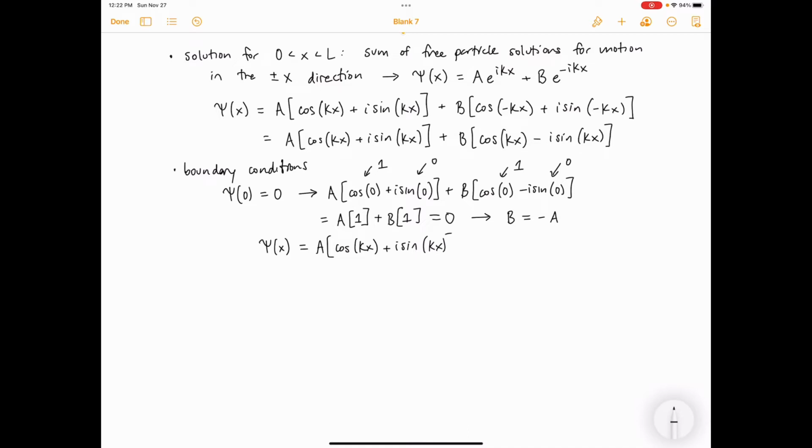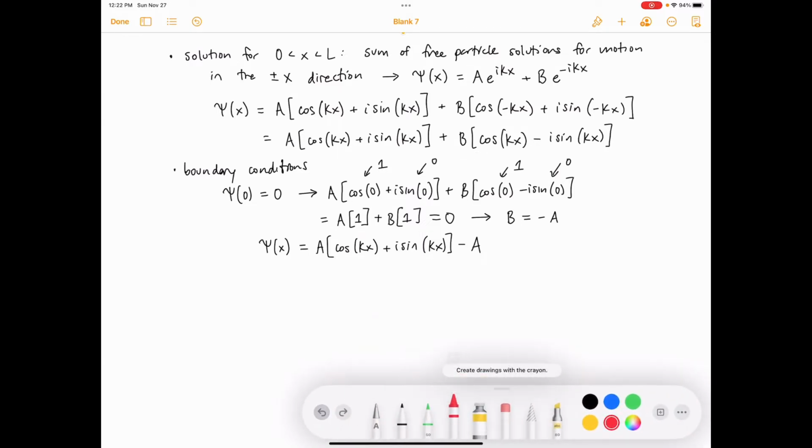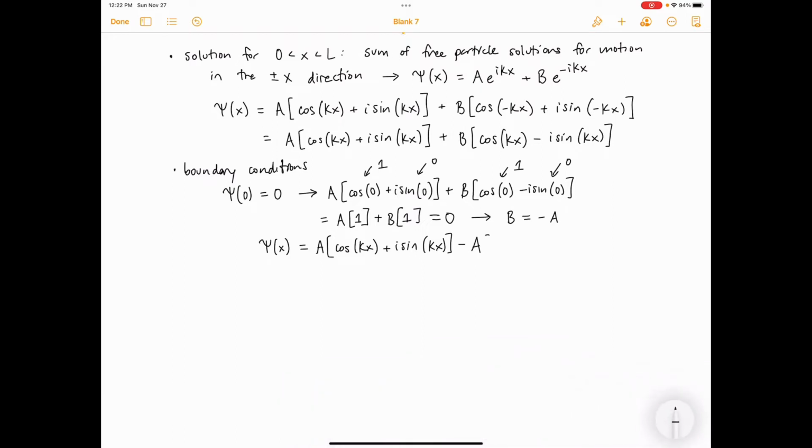And then we have minus a. So over here where I see a b, I'm just replacing that with minus a. And then we have in those brackets cosine kx, and then minus i sine of kx.